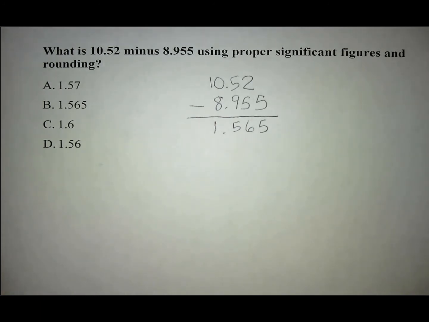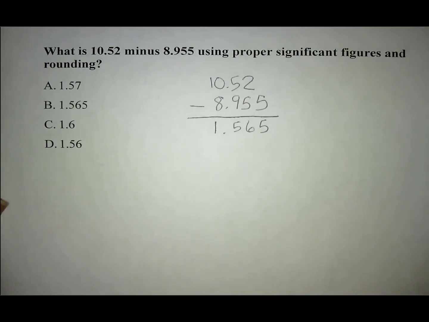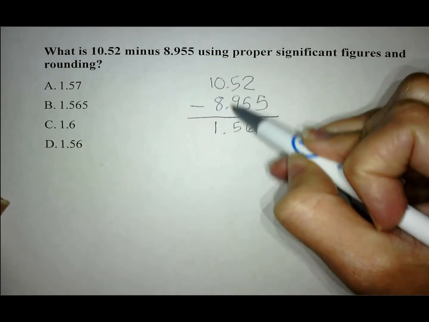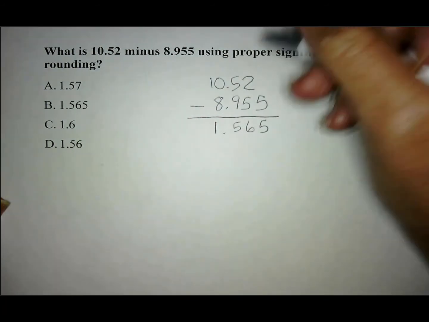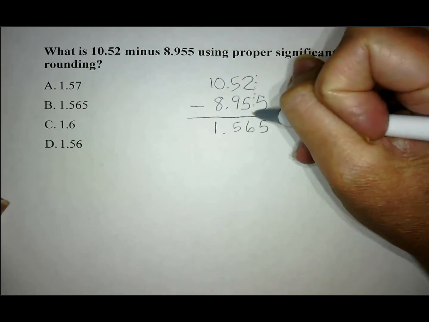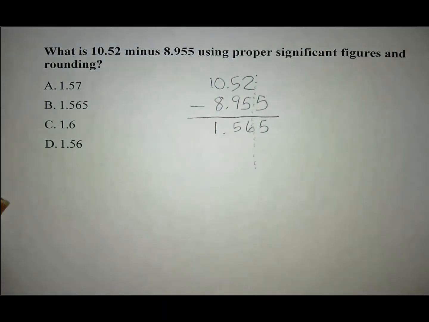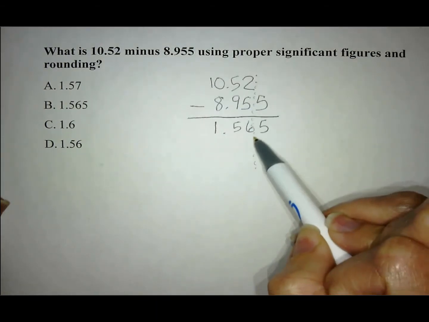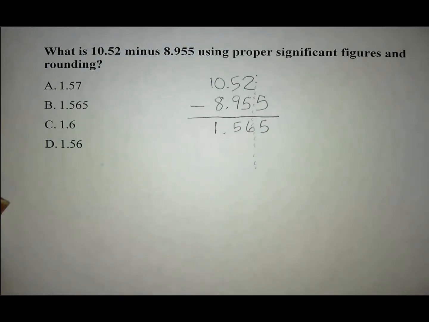One of the things that I like to do for addition or subtraction is draw a little dotted line to remind me where to round. So since I've lined it up where the decimal points are on top of each other, I'm going to draw a dotted line right after my shortest number, the one that goes to the least digits after the decimal. So I'm going to cut off my number in between the 6 and the 5.